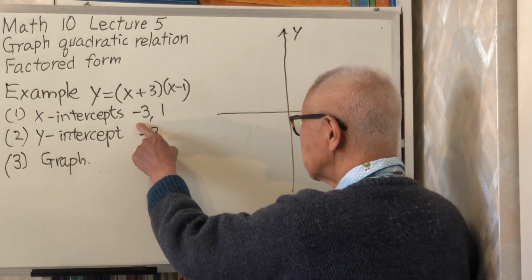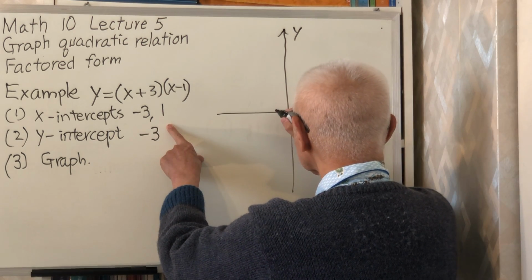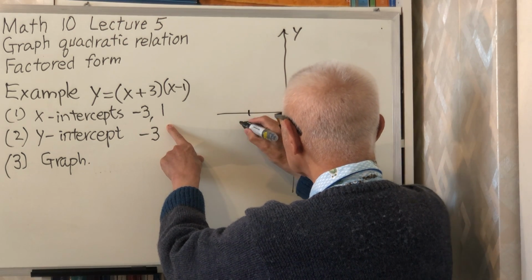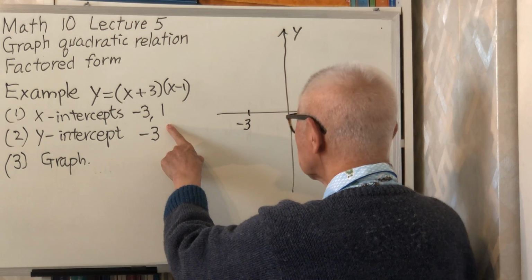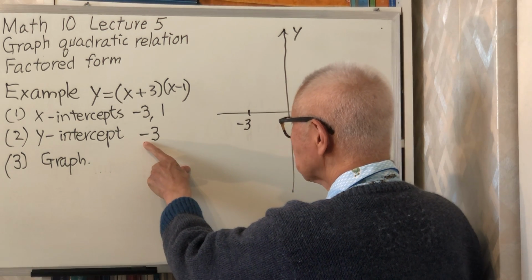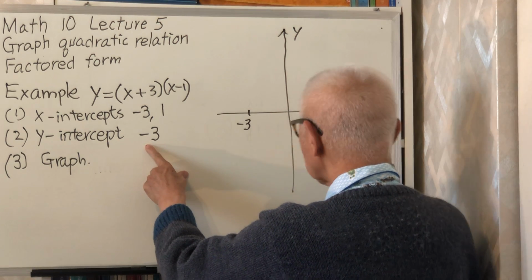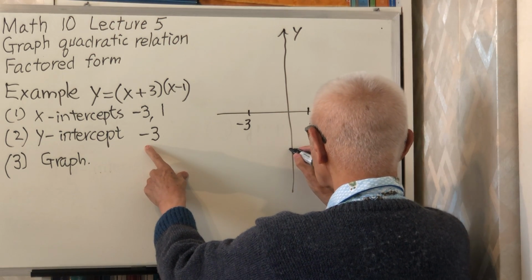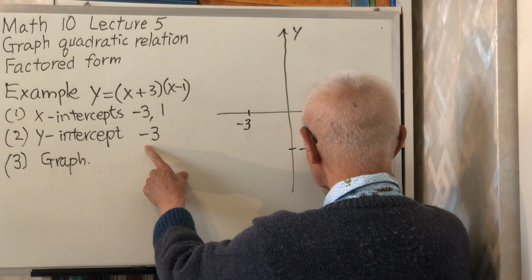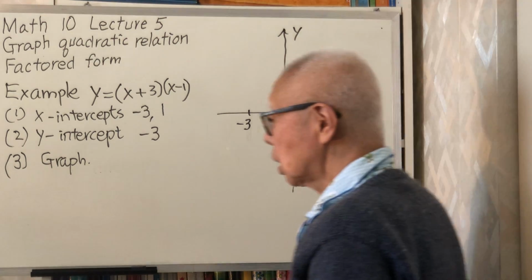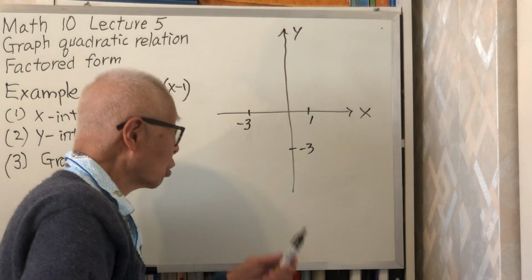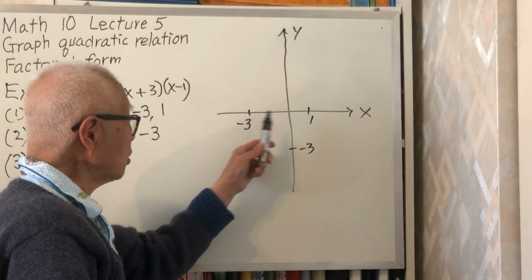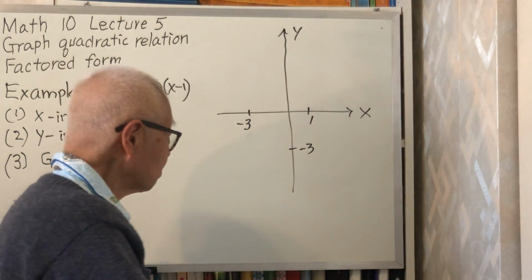X-intercepts -3 and 1. Y-intercept -3. So my graph must pass through these points.